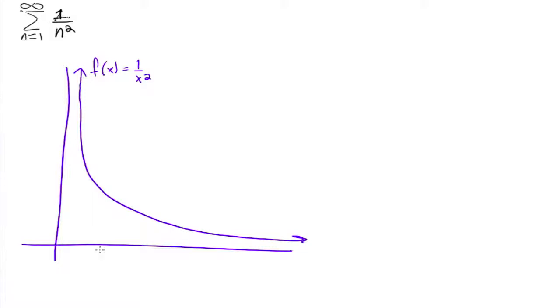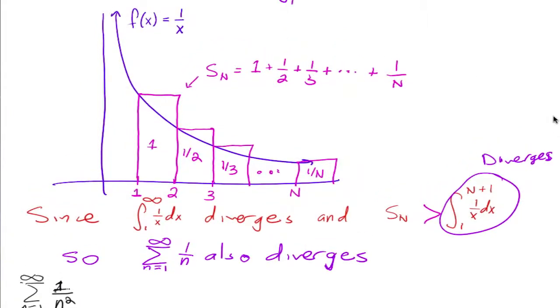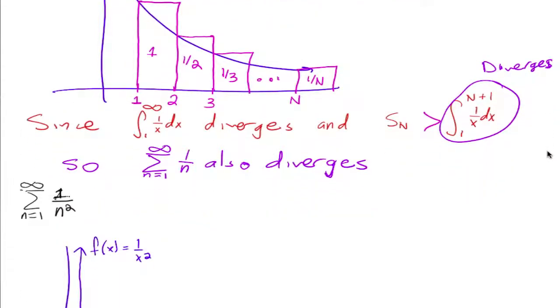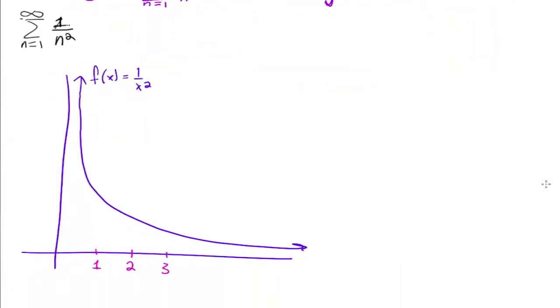This time, though, for the other one we used a left hand approximation, right? This time I'm going to use a right hand approximation. So my rectangles are going to look like this.